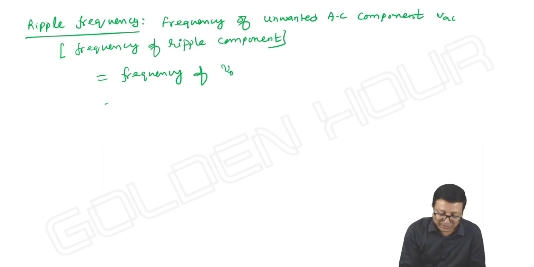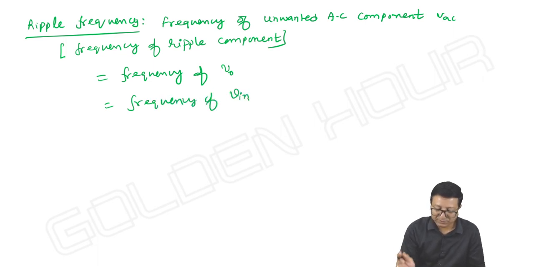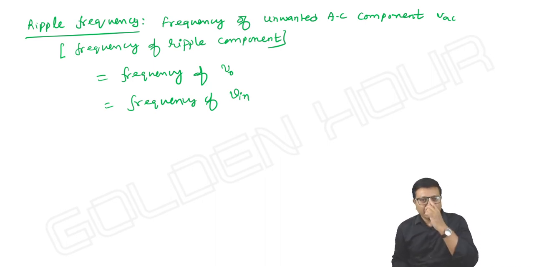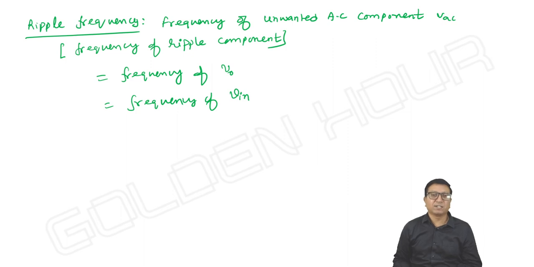And output frequency in this case is the same as that of the frequency of input. Okay, output ripple frequency and the input signal frequency are one and the same. What is its significance? For this particular parameter, we need to wait for a couple of circuits. Down the line, I will explain the significance of ripple frequency.